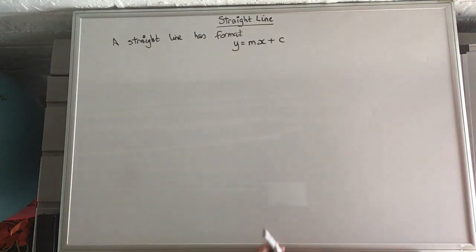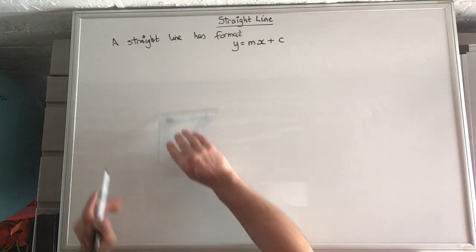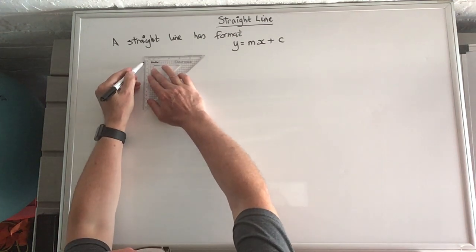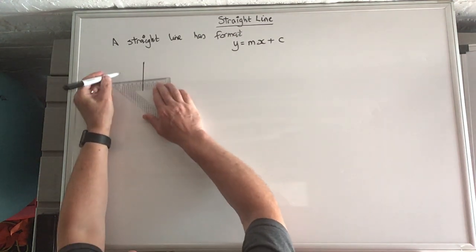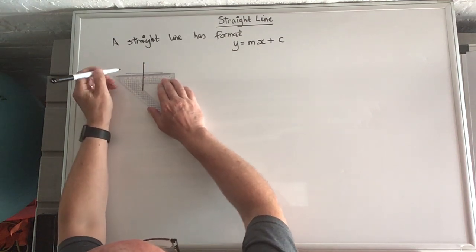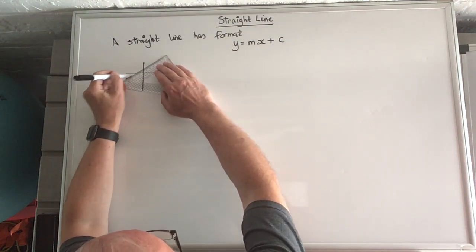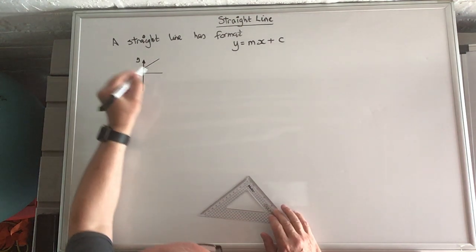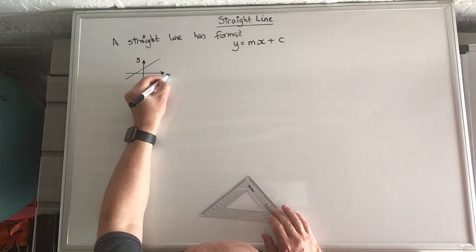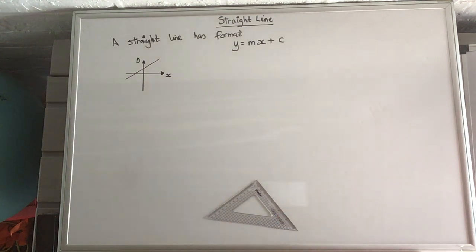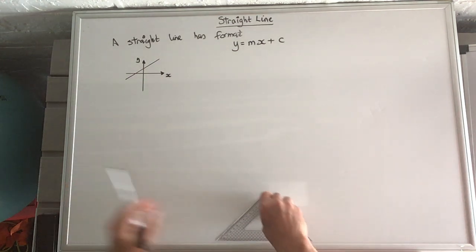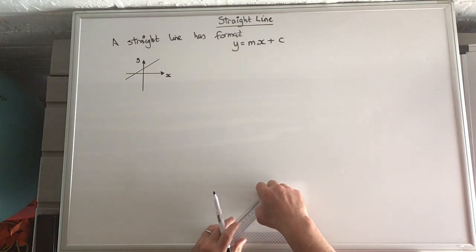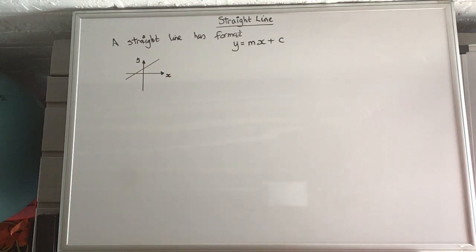So let's draw a few straight lines and see what's what. Here's the y-axis, here's the x-axis, and from your knowledge of gradient, you can see it has a positive gradient, sloping left to right, up the way.